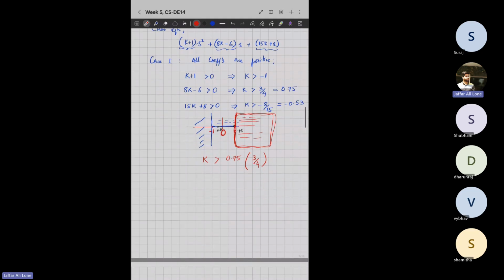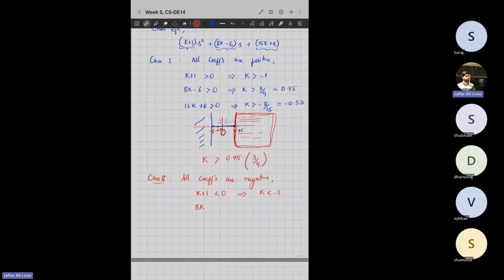Now take case 2. Because I told you from Routh-Hurwitz, the coefficients should have the same sign. All coefficients negative, then and only then the sign will be the same. So what does this mean? This means K plus 1 is less than 0, which implies K is less than minus 1.